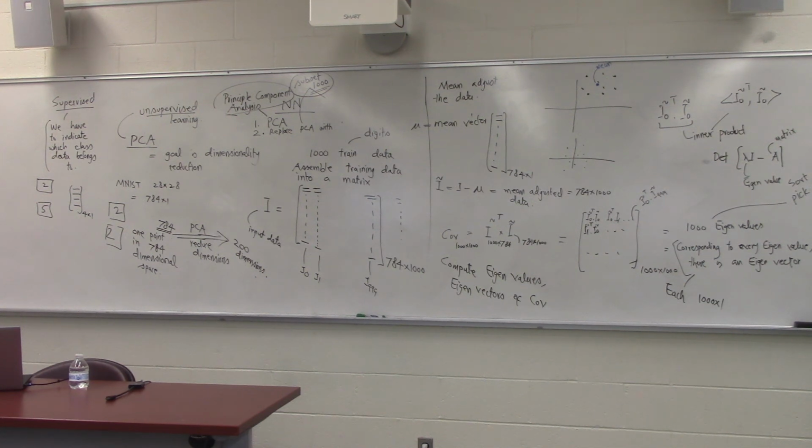Then corresponding to those 200 eigenvalues, we will create the eigenvectors, so eigenvectors for these top 200 eigenvalues.